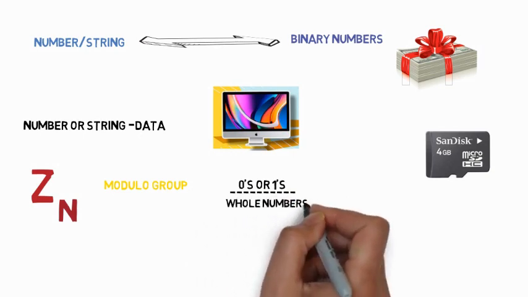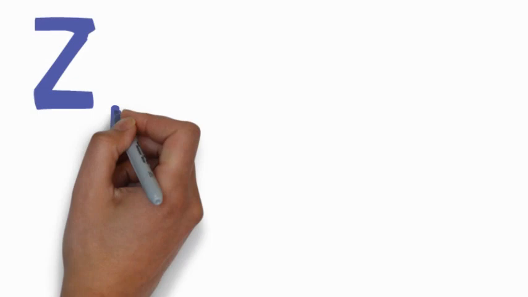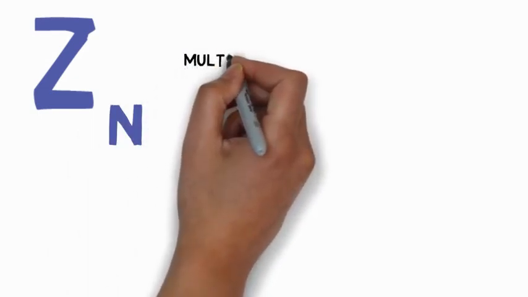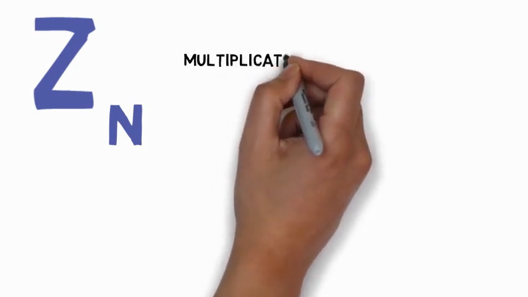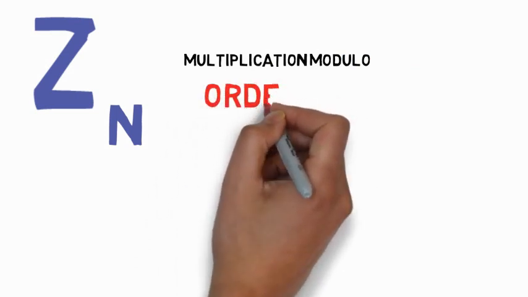But where does this modulo group come from? It comes from the multiplication modulo group. We call it Zn, where n represents the modulo number, and Zn means multiplication modulo group or addition modulo group of order n.